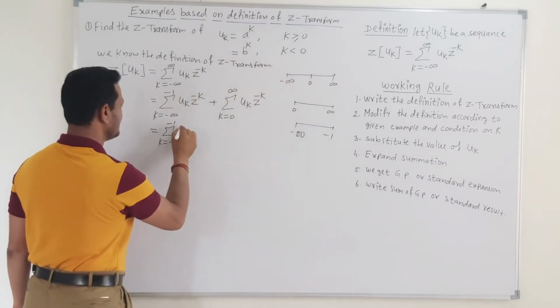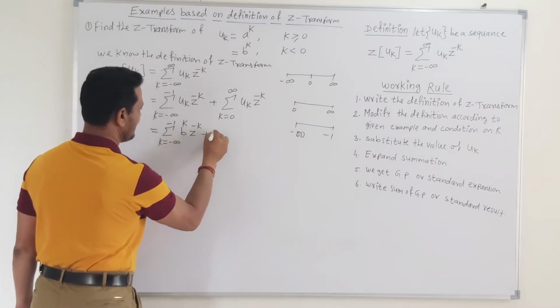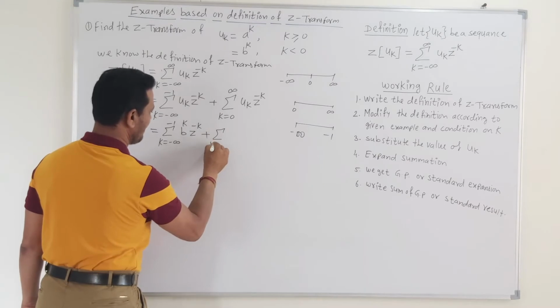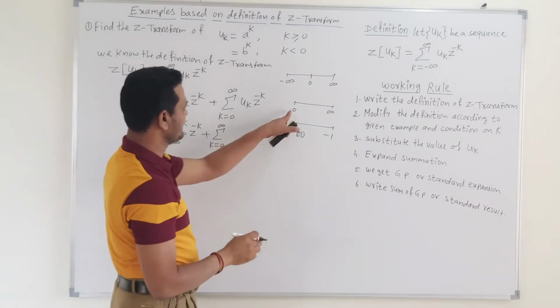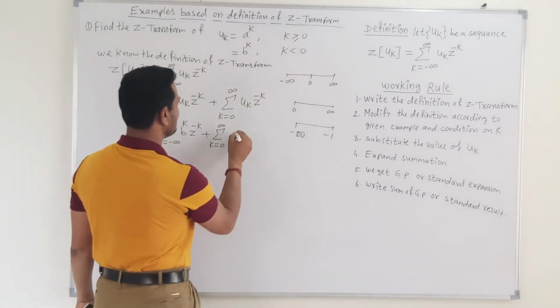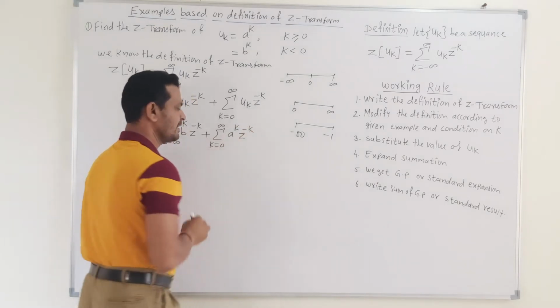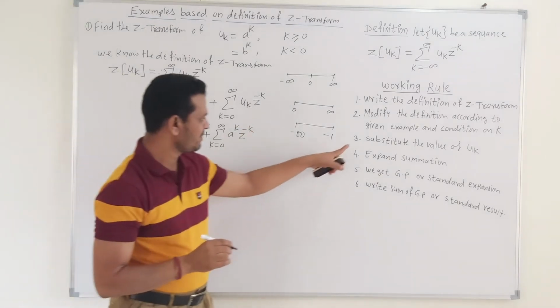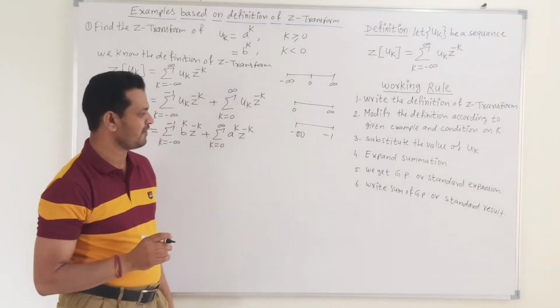So we can write this as b raised to k times z raised to minus k, plus the summation from k equal to 0 to infinity, where for this interval, k greater than 0, the value of the sequence is a raised to k, then z raised to minus k. So here we get step number 3. In this way we can easily solve the example based on this definition.